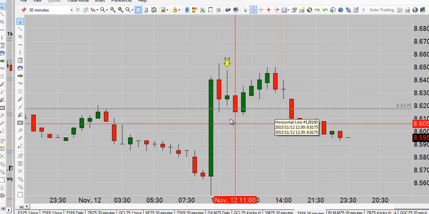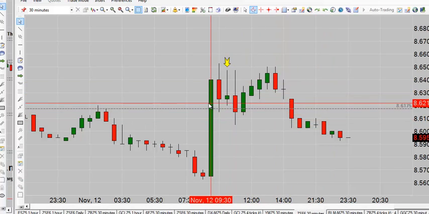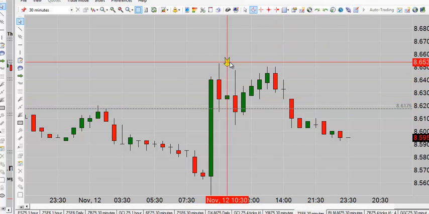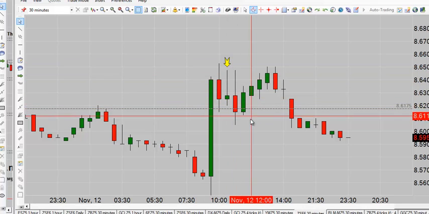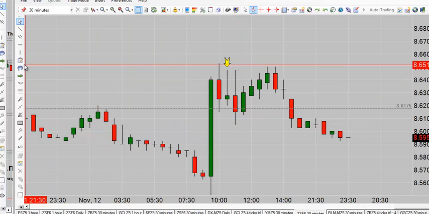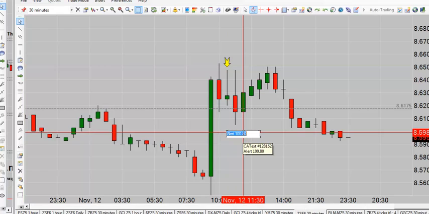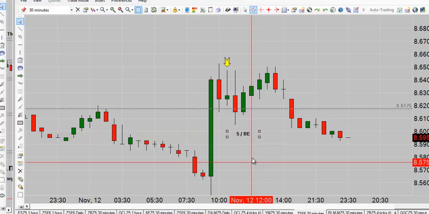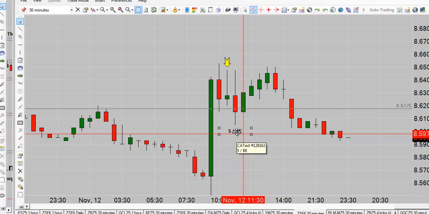Okay. So now this one doesn't count because it's before 1030. The first move down takes us to 860.50. So from 861.75 to 860.50, that's 5 ticks. Which basically equates to a break-even trade, unless you're being more aggressive.